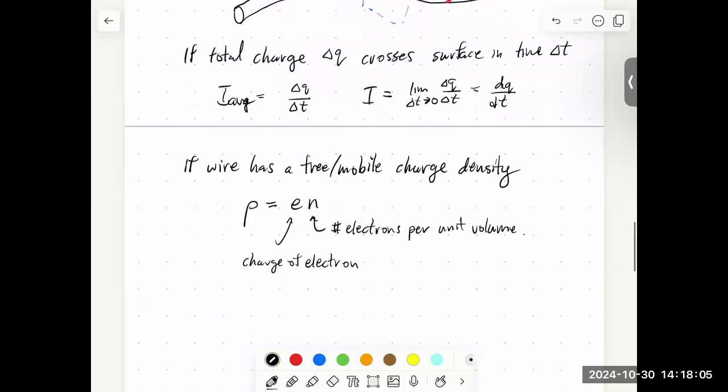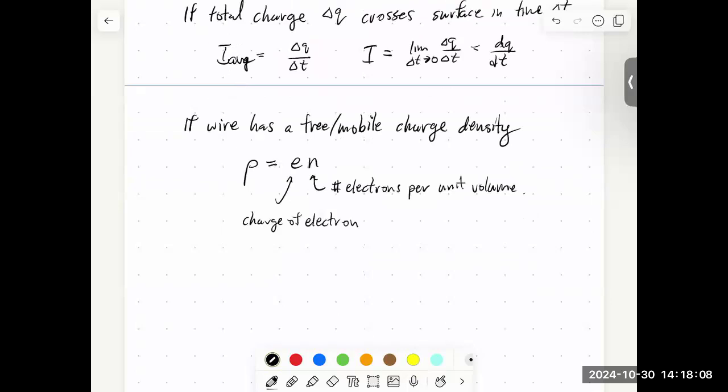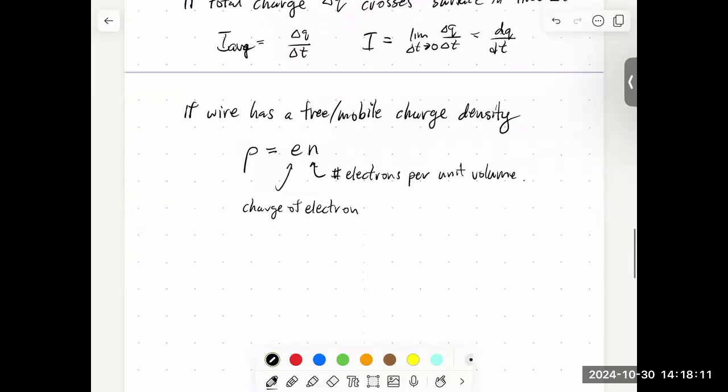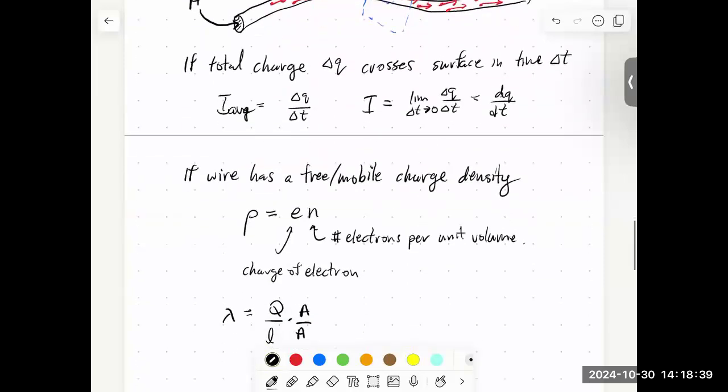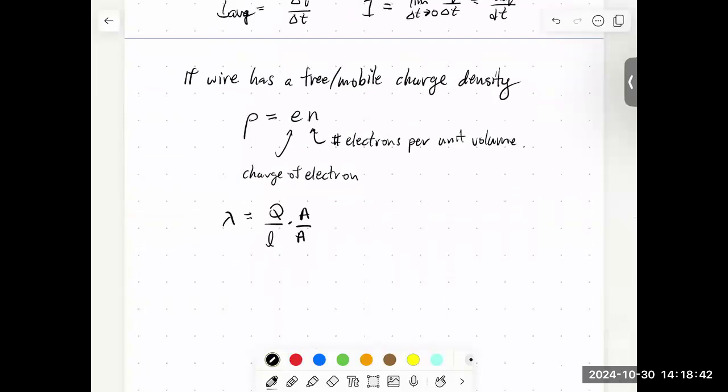Okay, so if I wanted to, I could say, well, look, usually when I have wires, I like to talk about the charge per unit length. So I could say lambda is charge per unit length. And what I'm going to do is multiply by area over area, where my area represents the cross-sectional area of my wire. So length times area is going to be the volume of my wire.